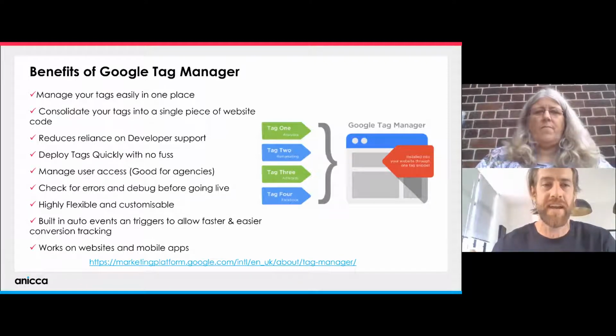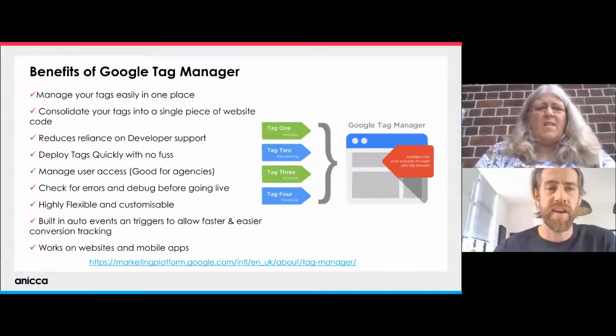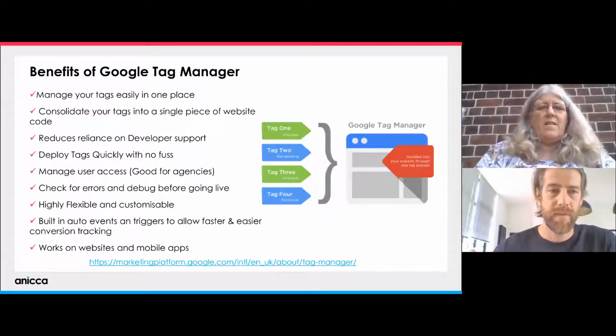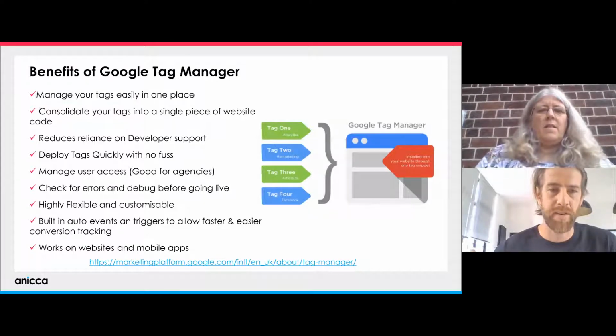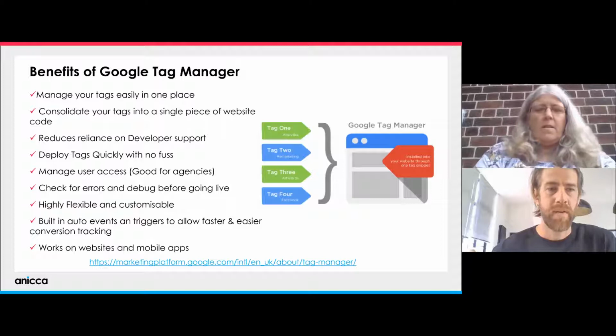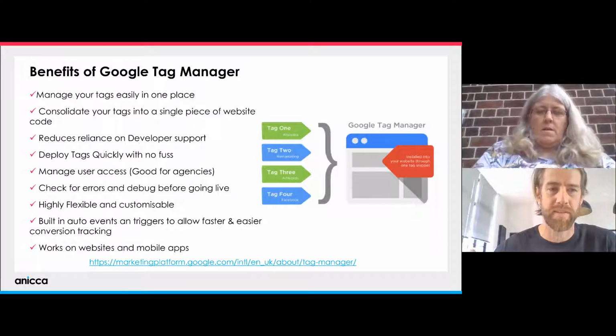You can now just consolidate that into a single piece of website code. It reduces reliance on developer support. So you can implement a lot of this stuff yourself without having to bother the IT people. You can deploy tags quickly, no fuss. Manage user access as well, so you have control over who can actually gain access to update tags and put stuff live on your website.